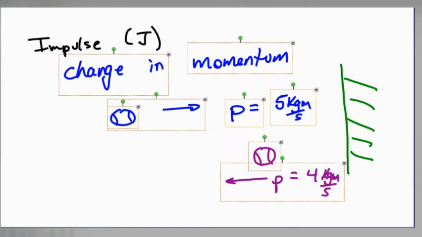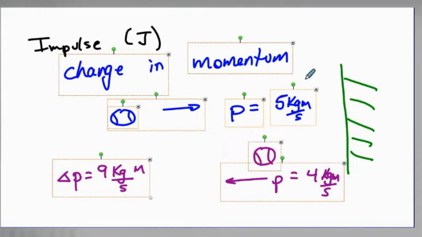What was the impulse of the wall? Well, what we're looking at is how much did the momentum change? And the momentum changed by 9. It was moving in this direction with 5, and now it's moving in that direction with 4. So it had a net change of 9 kilogram meters per second.